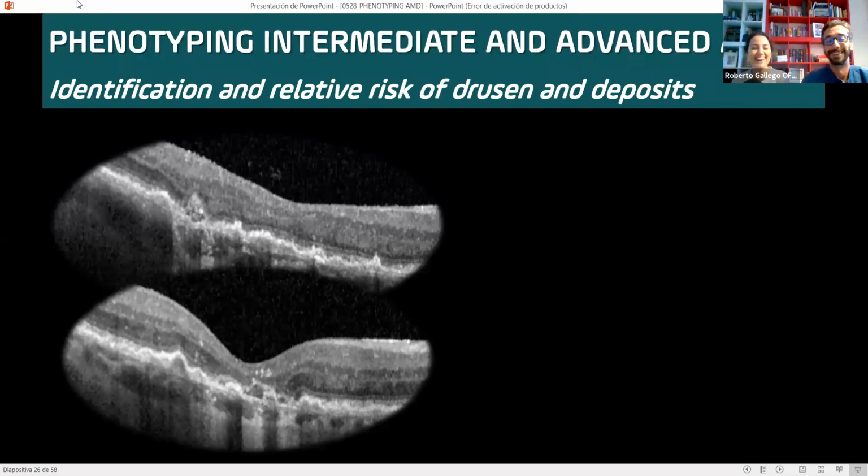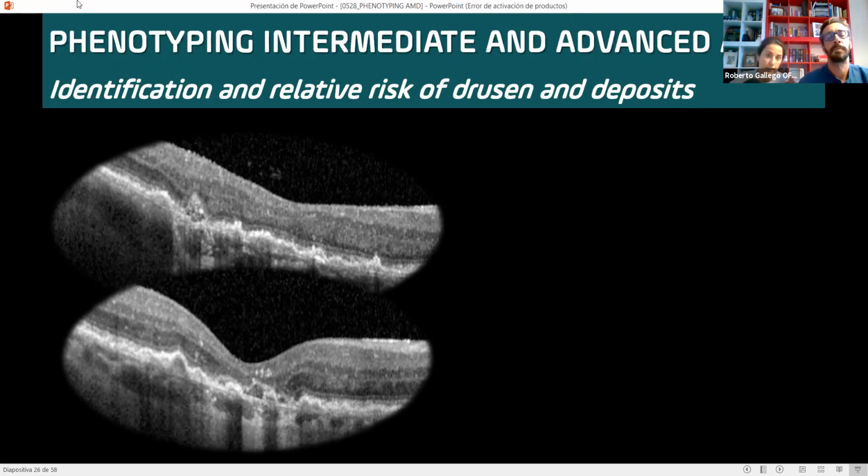So when we see hyporeflectivities in the retina, and we suspect that previously we had a drusenoid detachment, we have to also have in mind this plateau sign, also described by Giuseppe Querques as a hyperreflective wedge, which is kind of confusing because it's not in a wedge shape.